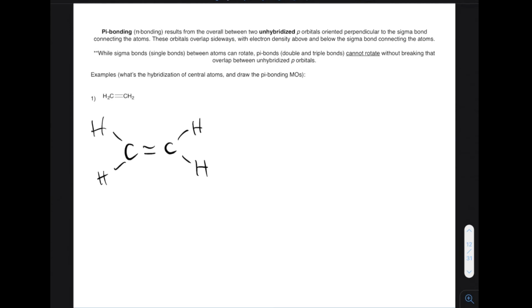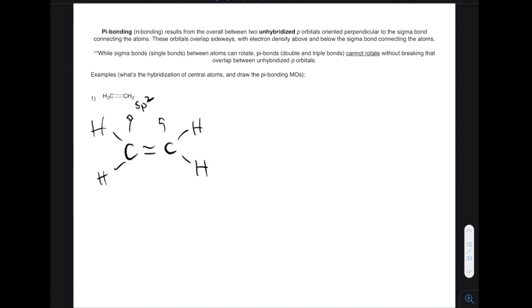So what is the hybridization of each carbon? Hydrogen wouldn't be hybridized because it has no p orbitals to mix with, but carbon does. So for both of these carbons, they are sp2 hybridized, because they are each connected to three atoms and have no lone pairs. So there are three hybrid orbitals, so sp2.